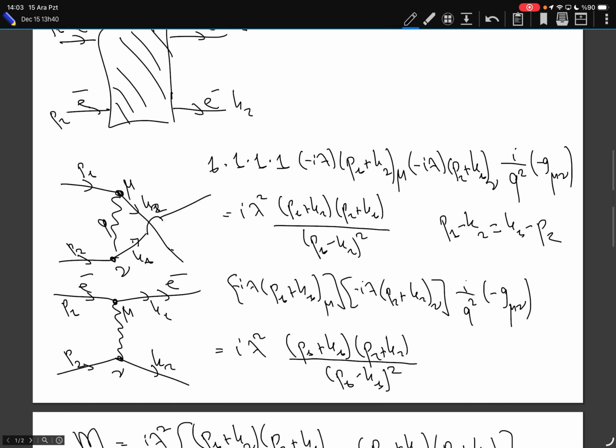So I know P1 and P2. I measure the final particles. I know K1 and K2. But Q doesn't know E over Q squared. Q knows. You see, if you remember our initial definition of momentum space Feynman rules, what we had obtained was arbitrary momenta for each one of those lines, each one of the propagators, let's say.